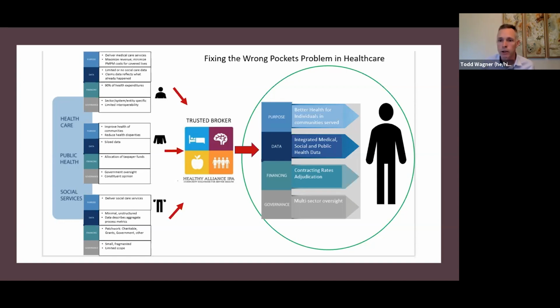The return was for criminal justice, but we couldn't get the VA to work with the criminal justice program to share in this sort of trusted broker alliance to fix the financing problem. So the VA was getting out of the business of providing substance use treatment, and that was driving up costs in criminal justice. Again, this was a grant we just submitted to the RWJ Foundation last week, trying to understand this innovative model for Healthy Alliance, and understand how we improve the connections between social determinants of health and health outcomes.